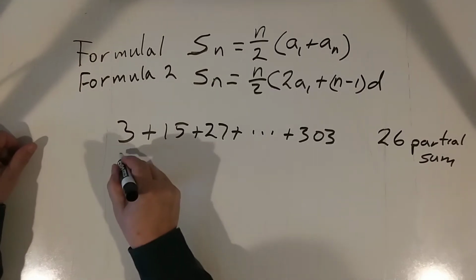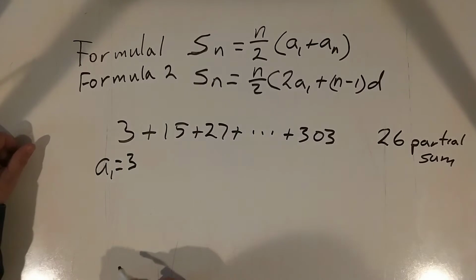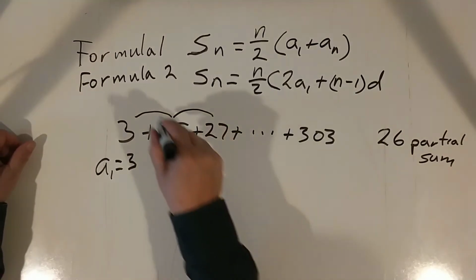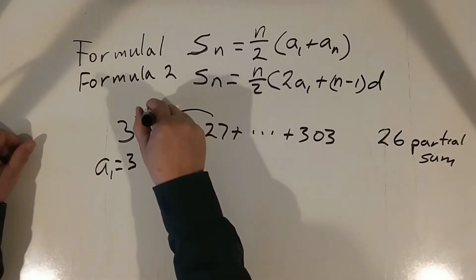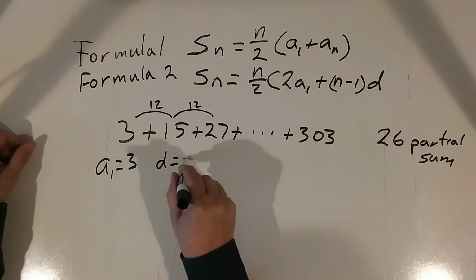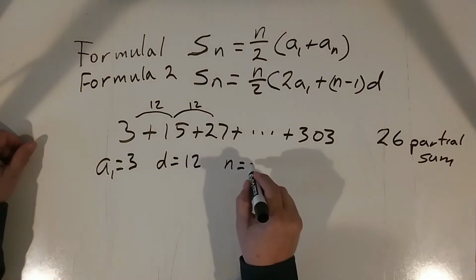Well, I can see here a sub 1 equals 3. I can look at the increases, and I can see that this is going up 12 each step. So I see the common difference is 12, and I know n equals 26.